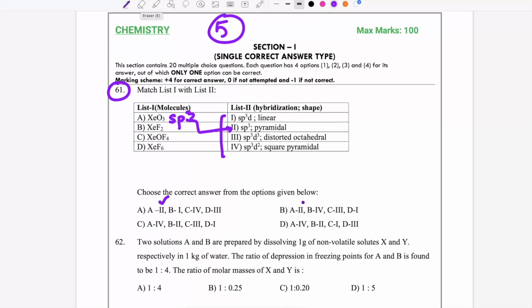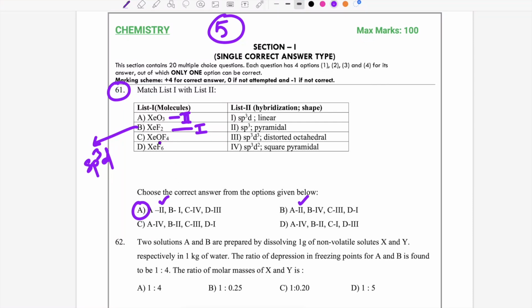Next, XeF2 has sp3d hybridized state, which is obviously the first. So B is the first option, A is the second option, and the answer is A.